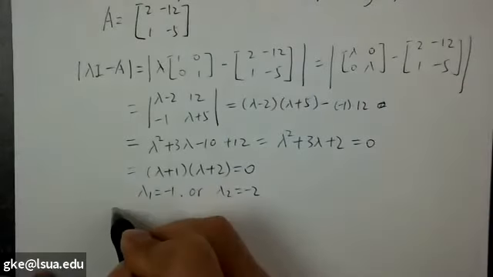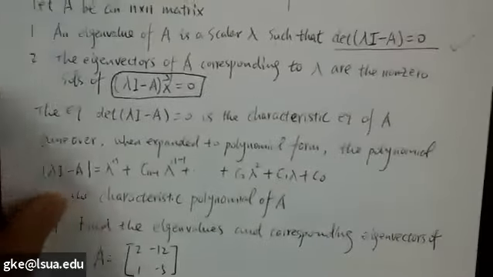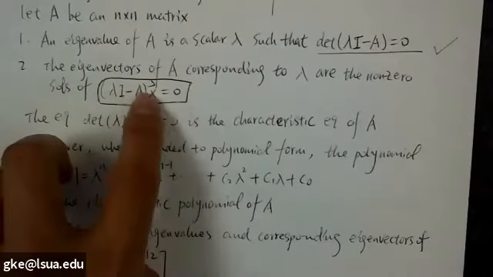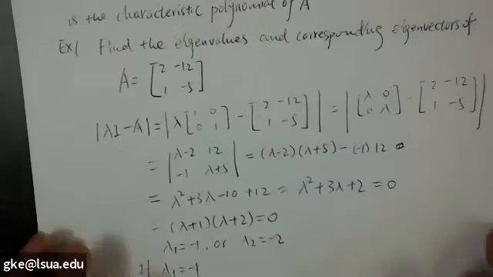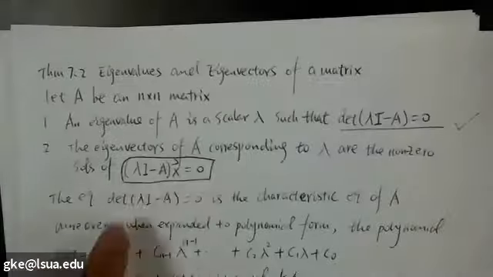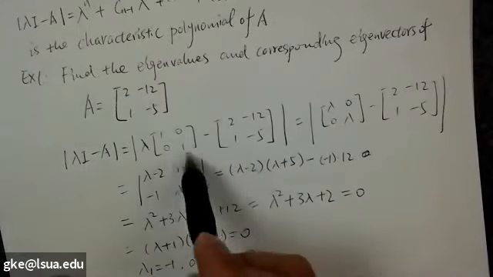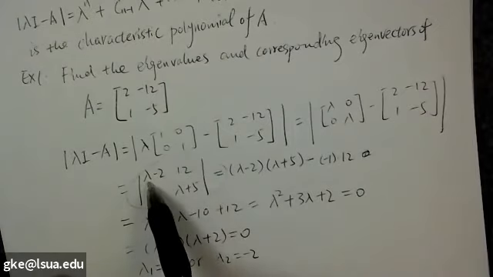So for the first eigenvalue, in order to find the eigenvectors, we need to plug into this formula: lambda 1 I minus A times x. Lambda 1 I minus A is the matrix we already calculated.